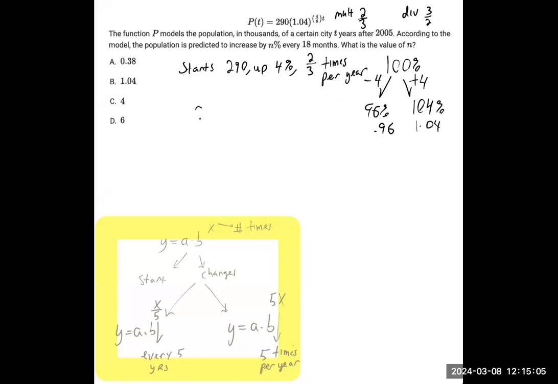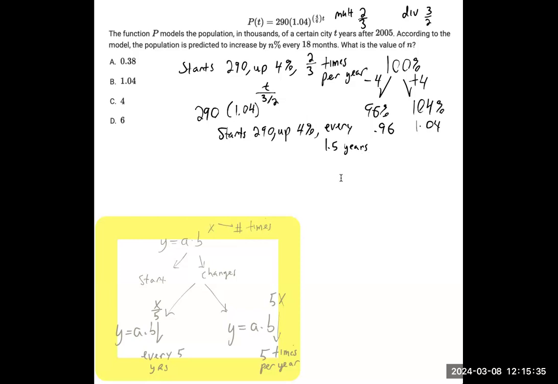So we can also see this as 290 times 1.04 to the t over 3/2. So seeing it that way, we still have it starting at 290. We still have it going up 4%, but we have that happening every year and a half, because 3/2 is the same as 1.5.